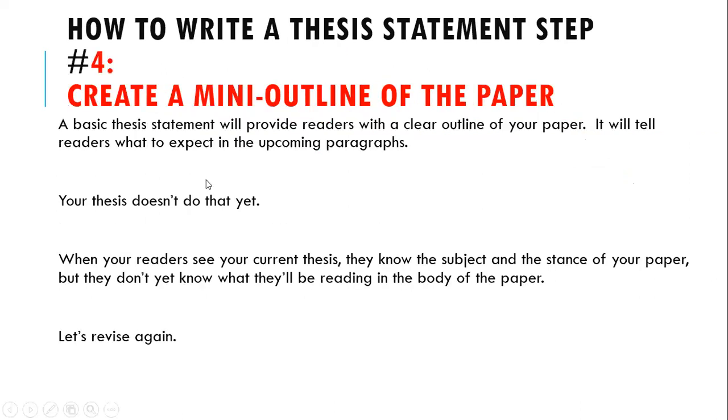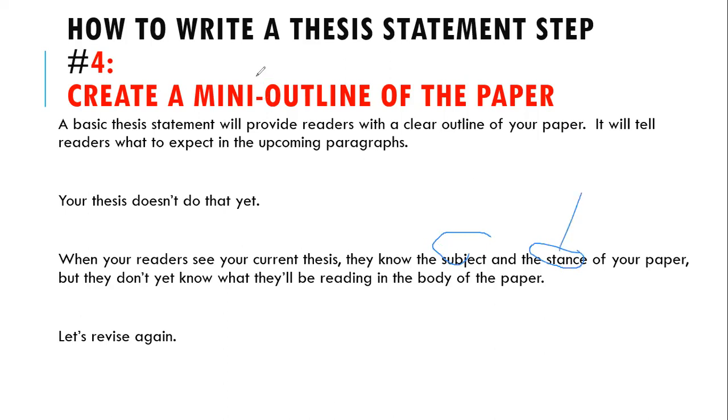Let's move to step 4. Now, what is the paper going to be about? Well, we don't know yet. We don't have a clear outline of our paper. We see the topic, and we see here they use the stance.